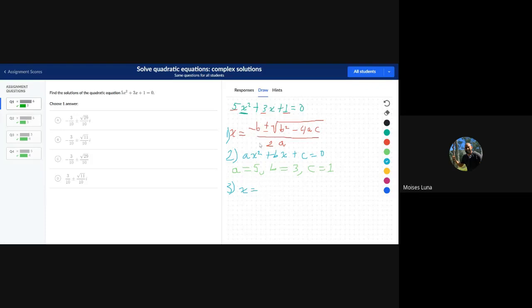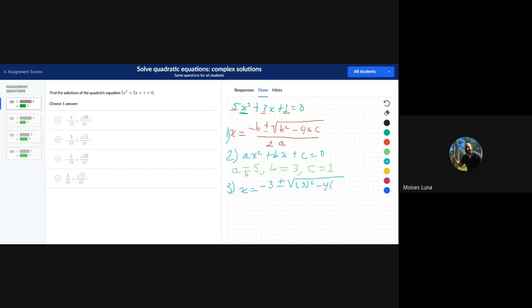All right, so look, here you have minus b, so you need to write minus 3, because you're just substituting b with 3. Then plus or minus the square root of b squared. So you need to square 3 again here, and minus 4 times what?